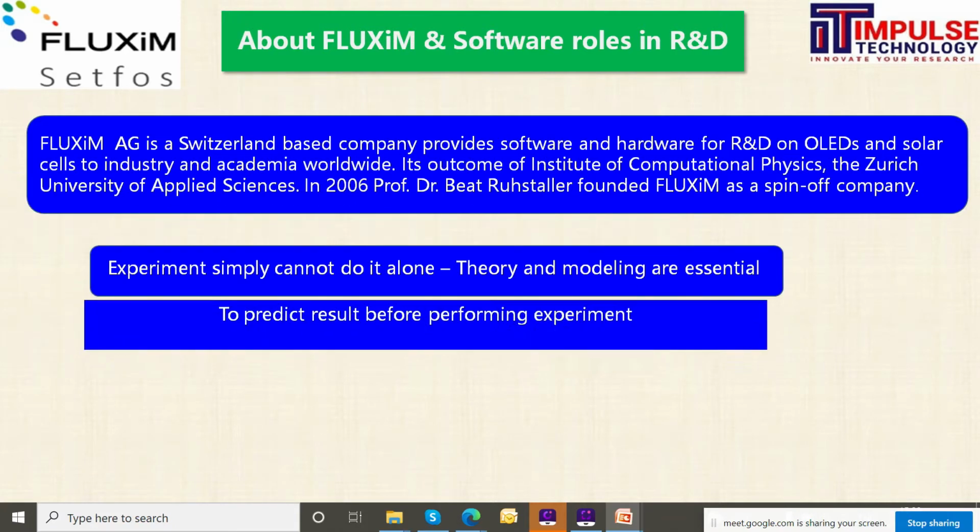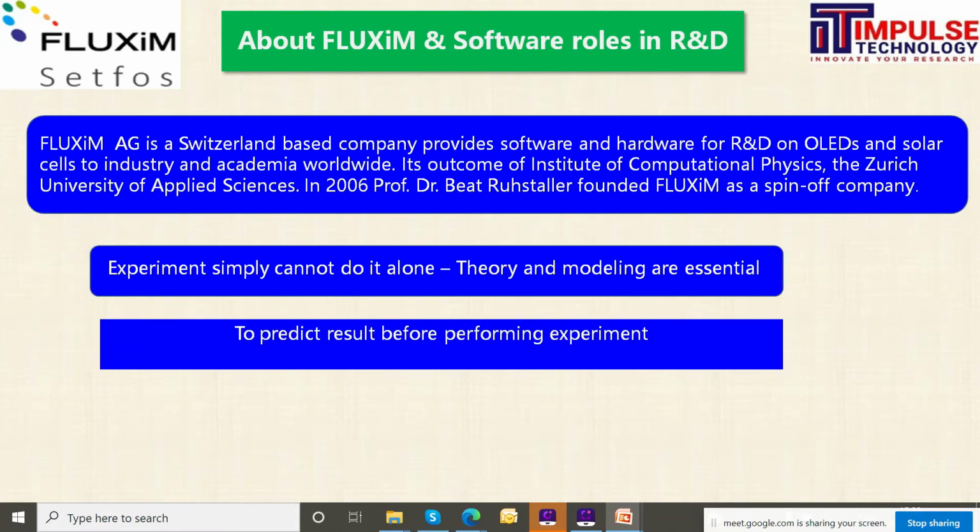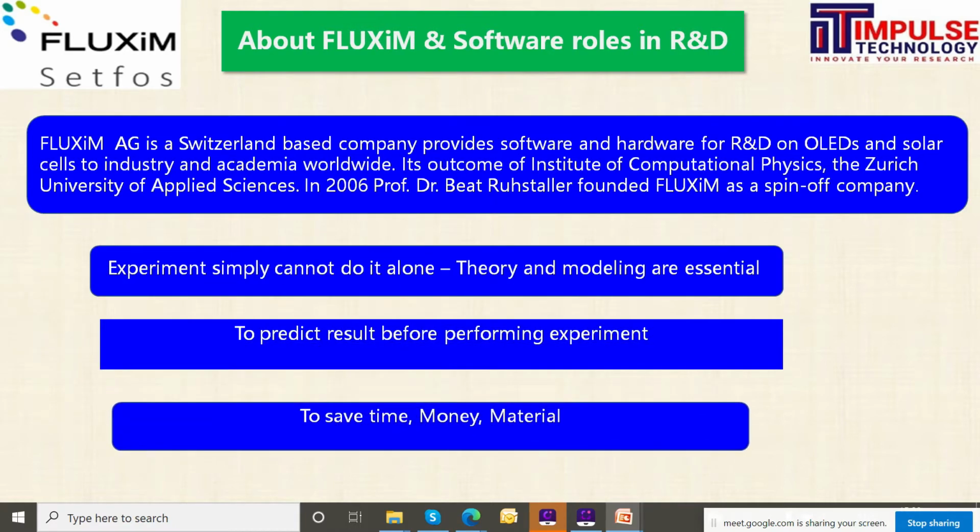You can do theory modeling simulations and get results near to the experimental. You can predict it, and you can save your time, money, as well as materials, because equipment is very costly and may not be affordable, but simulation software is very affordable and saves your time.